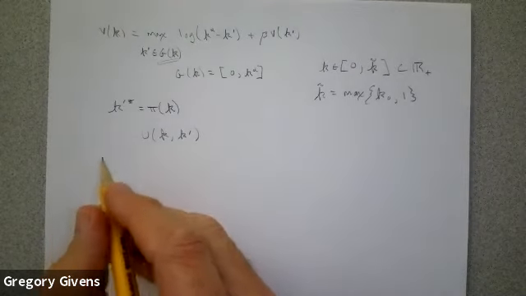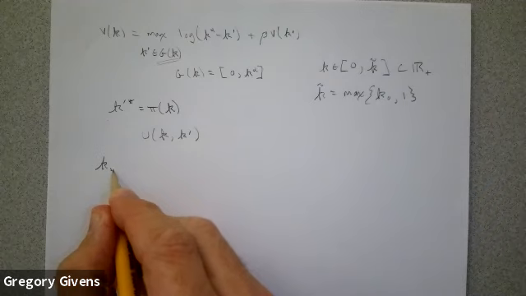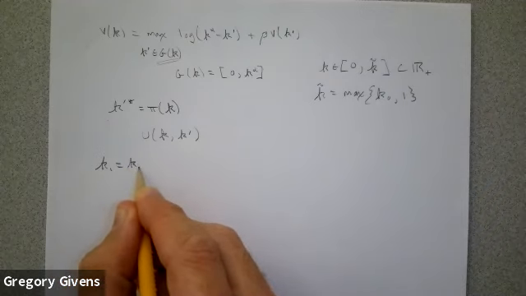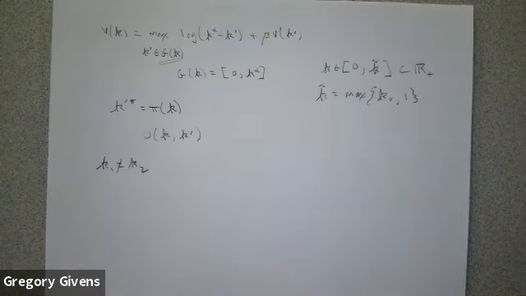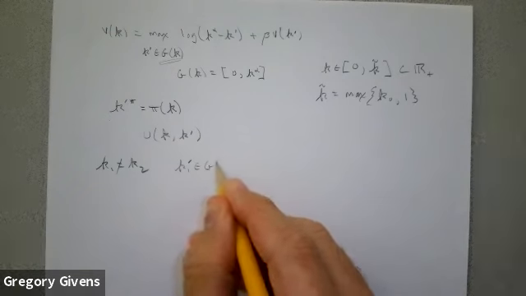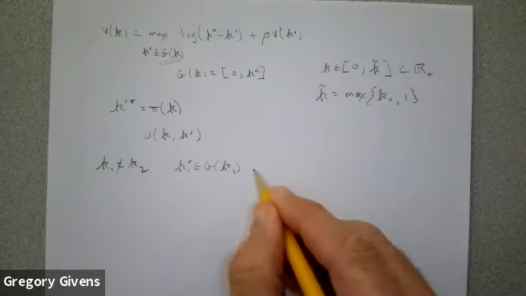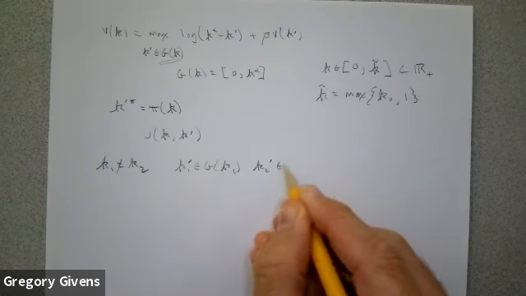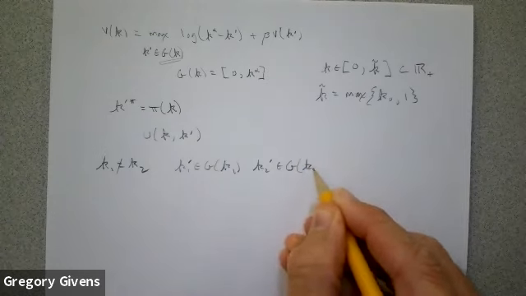Let's work through this. So we're going to take two values of k, k1 and k2, and we're going to assume that they're not equal to one another. Okay? K1 prime then is simply an element of g of k1, and k2 prime is an element of g of k2, right?